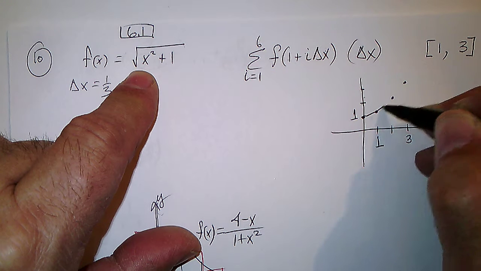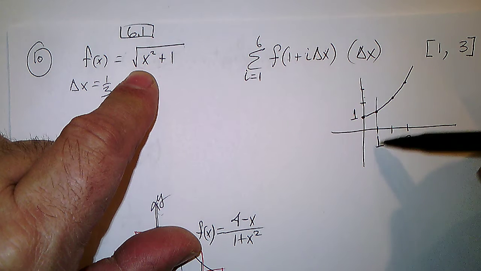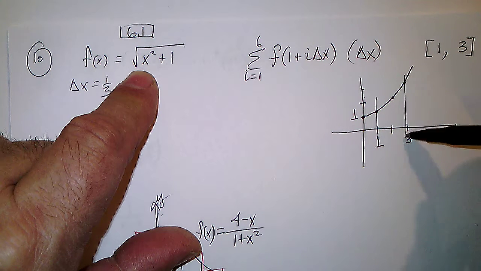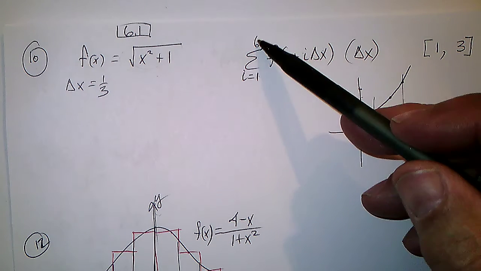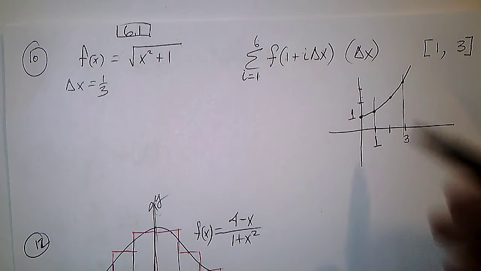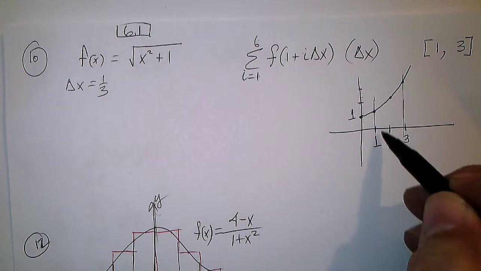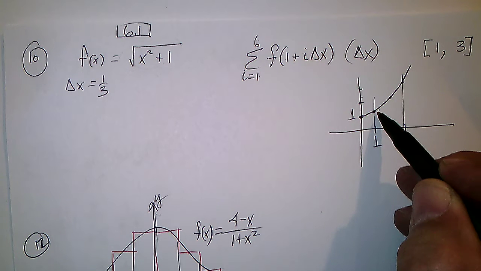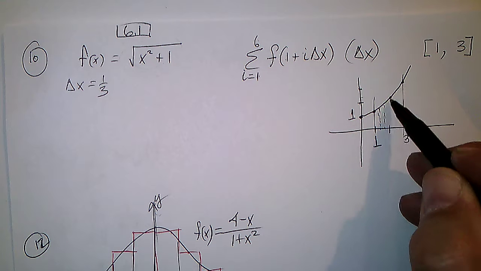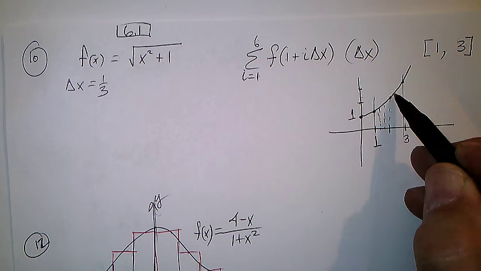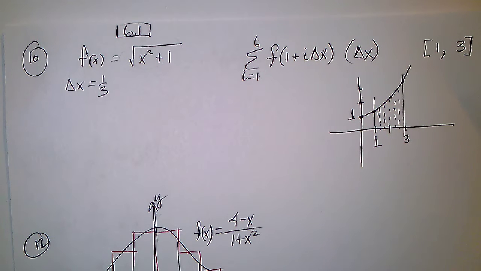So we got some sort of curve going like this, and we're supposed to find the area between 1 and 3. Because we're doing 6 splits, each one is 1/3 wide. So one's going to be at 1 1/3, 1 2/3, and then at 2, 2 1/3, 2 2/3, and then 3.